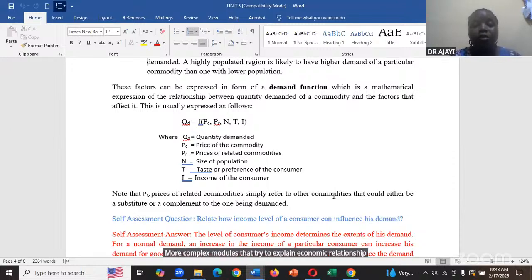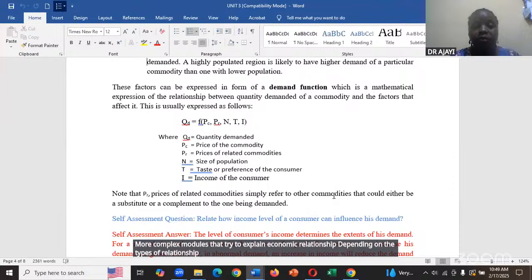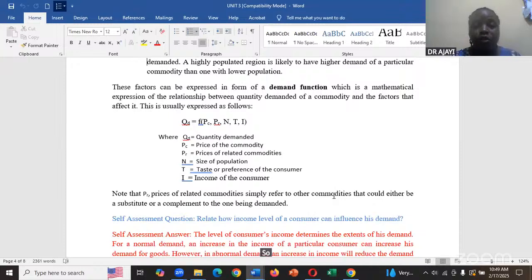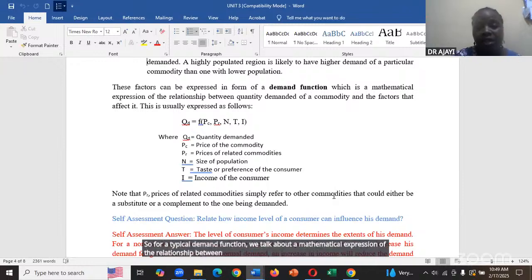Depending on the type of relationship you are trying to portray, it will determine which type of function, model or equation you are using. So for a typical demand function, we talk about a mathematical expression of the relationship between quantity demanded and the factors that influence that demand.